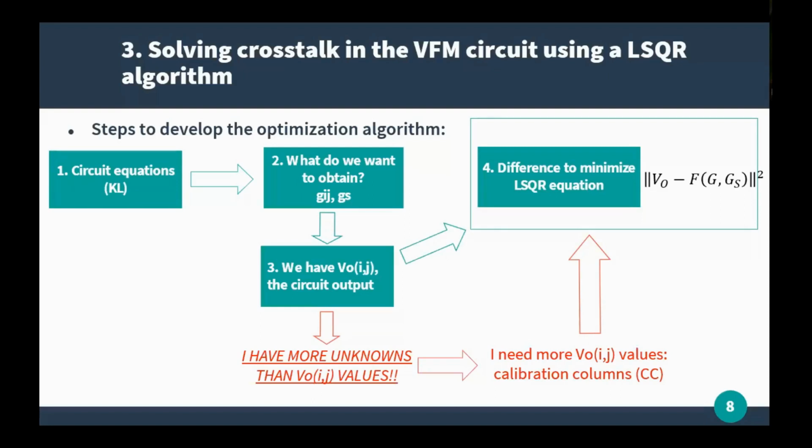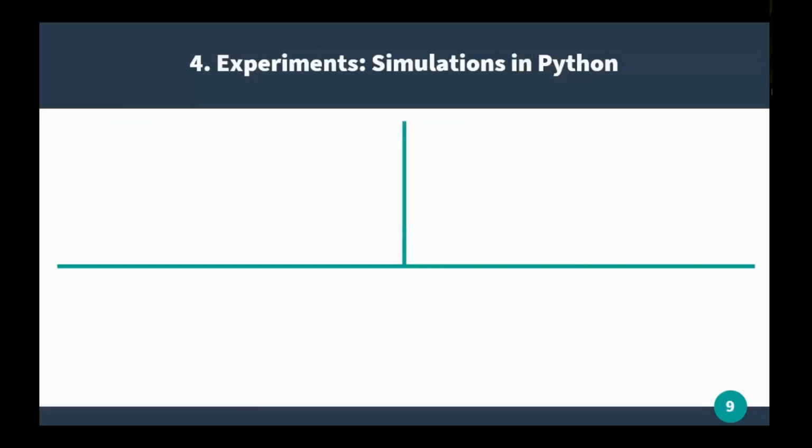We are using a least squares algorithm, which is a very popular and general mathematical algorithm, which is formed by two parts. The output voltages from the circuit, which I am mentioning right now, and then a function of the output voltages, which comes from the algorithm that has been iterating both the resistances of the sensors and the resistance of the switches.